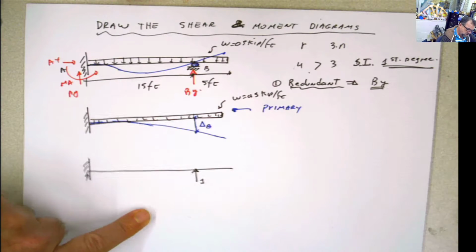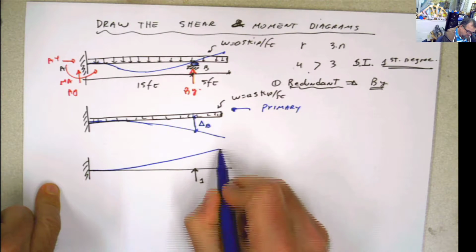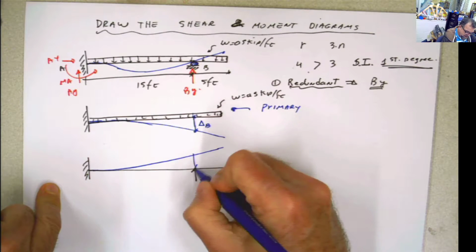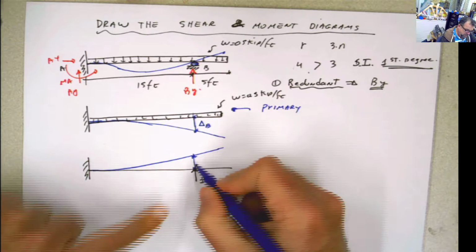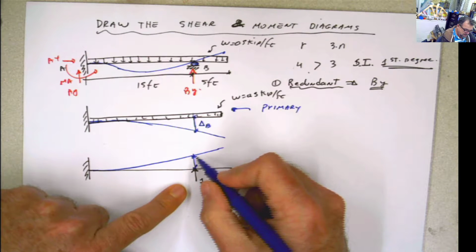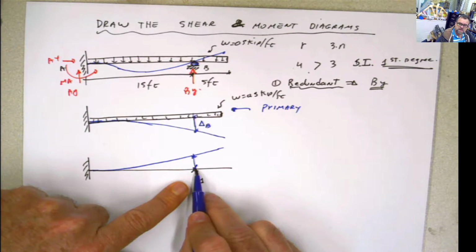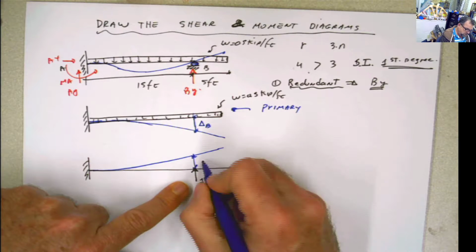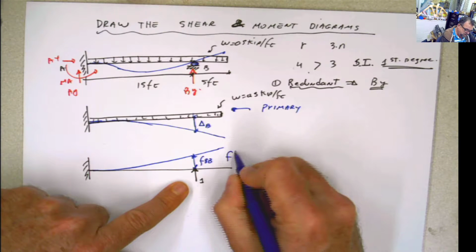When I use a unit load, this is supposed to deflect something like that. And this value here is how much deformation happens at the point B when I apply a unit load in this direction at the point B. That's called fBB, the flexibility coefficient.